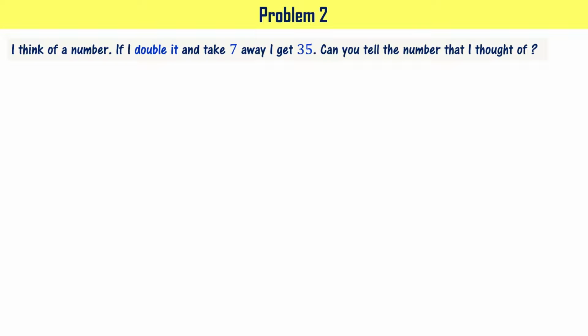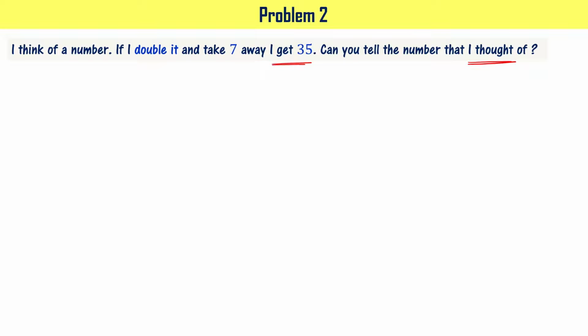Let us solve another problem now. I think of a number. If I double it and take 7 away, then I get 35. Can you tell the number that I thought of? Let's first transform this given statement into a linear equation, right? Once you do that, you can solve the linear equation to obtain the number which I thought of.